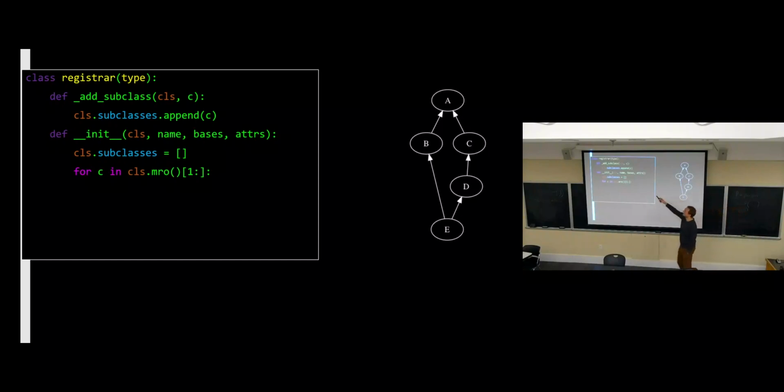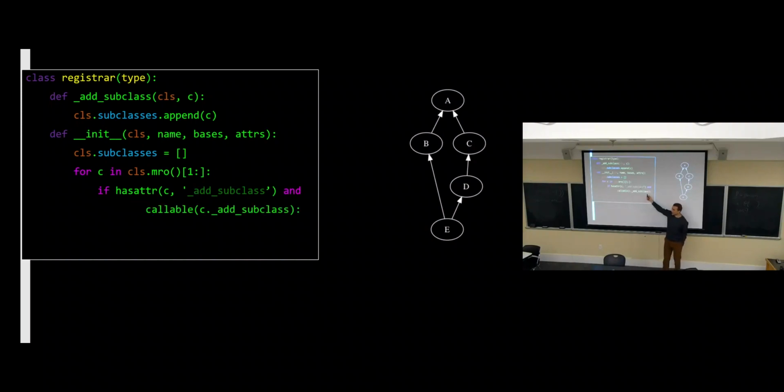After initting the subclasses field, we're going to go up the MRO of the class that we're now creating. The init gets called when this metaclass gets called, which means it gets called whenever a class is defined. So upon definition of a class, we go up the MRO of that class, and if that superclass has an add_subclass method, and that method is callable, call add_subclass on self.